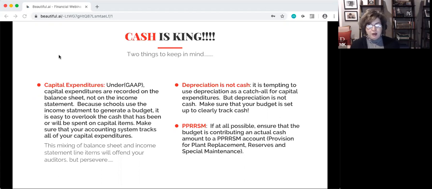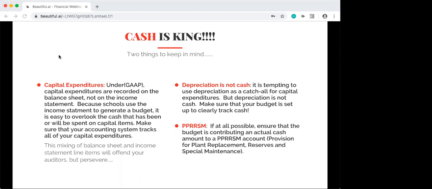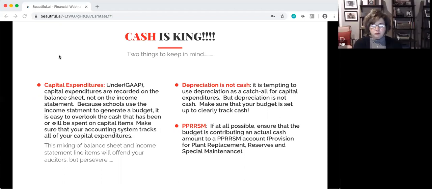But the Prism account, does that make sense? I'm not talking about painting. If you have old carpet, you can spend a lot of money on replacing carpet, for instance, but you can't capitalize that because it's not an improvement. It's just a repair, a replacement, right? Yeah, of what you've already got.